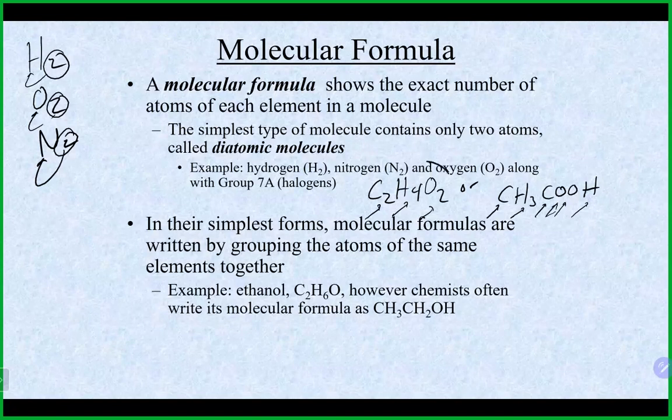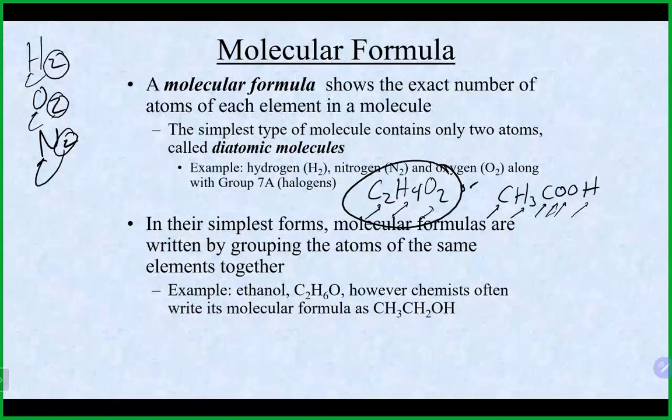The one on the left is just a basic molecular formula that really just tells you what's present. The one on the right actually gives you some information about how everybody is attached to one another. If you were to draw the guy on the right, it would look something like this.